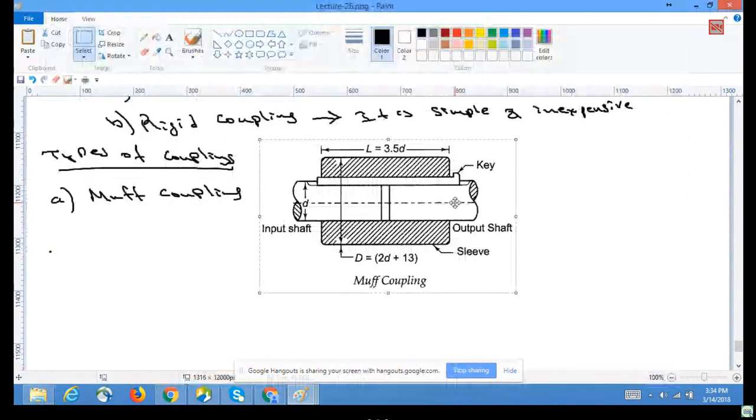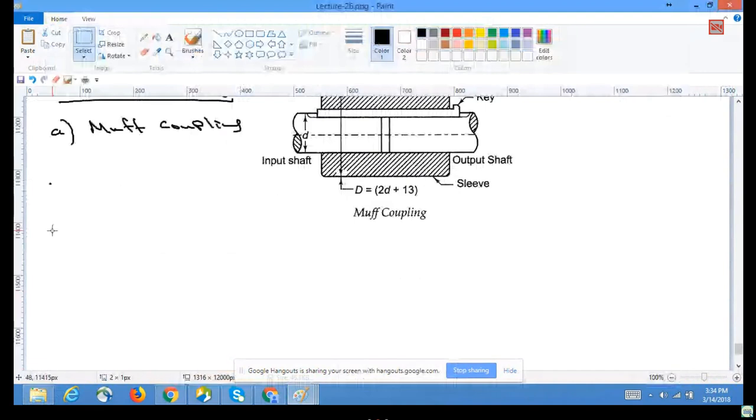And the second type is a clamp coupling.